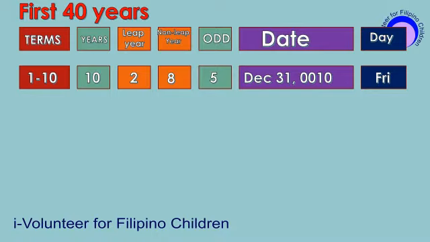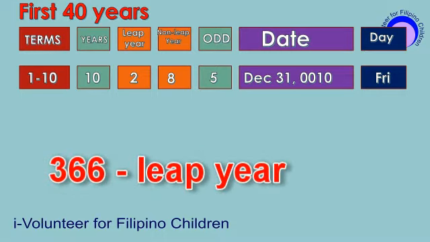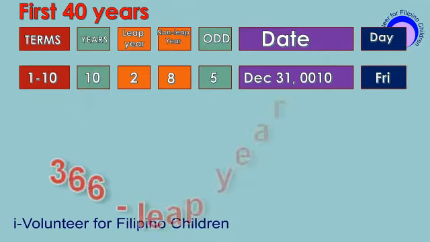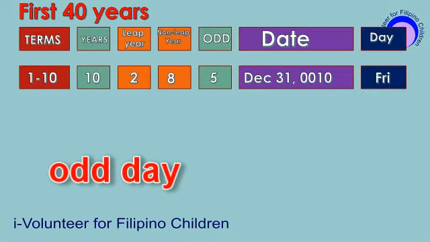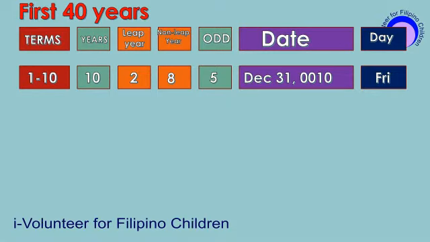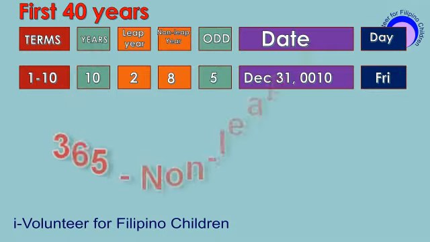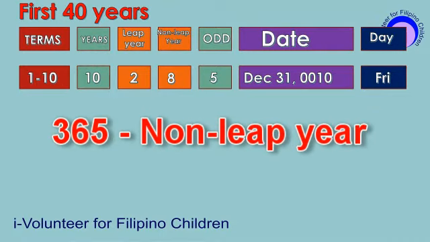Ang isang leap year ay merong 366 days. Pag ito ay yung dinivide by 7, ito ay mayroon siyang ekstrang 2 araw called the odd day. Ang non-leap year naman ay meron lang siyang extra day na isa.